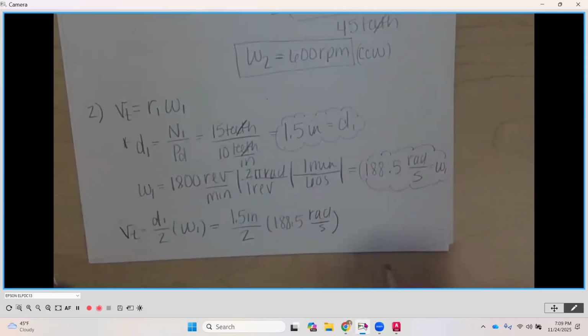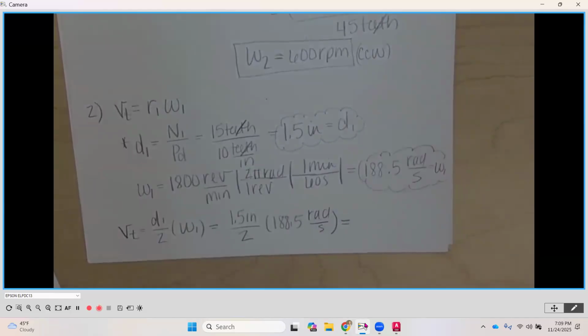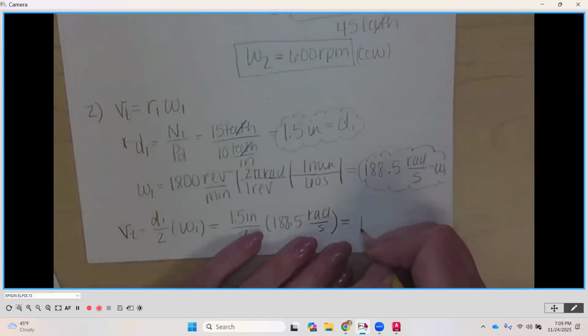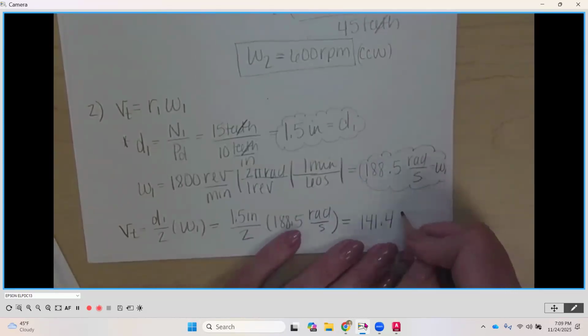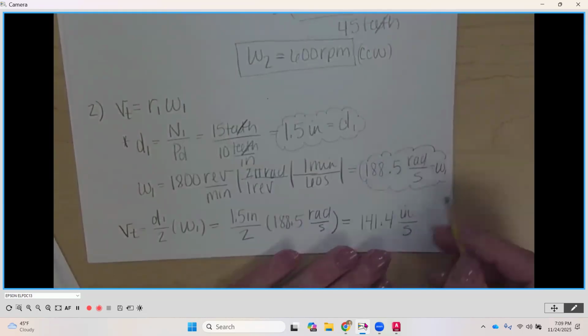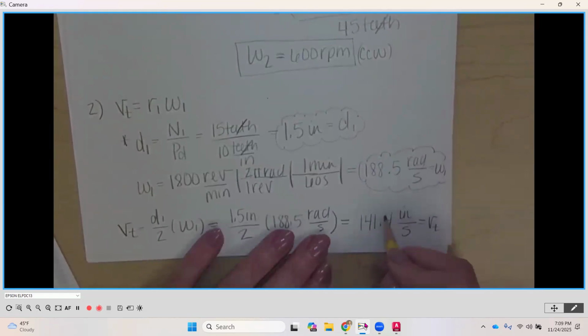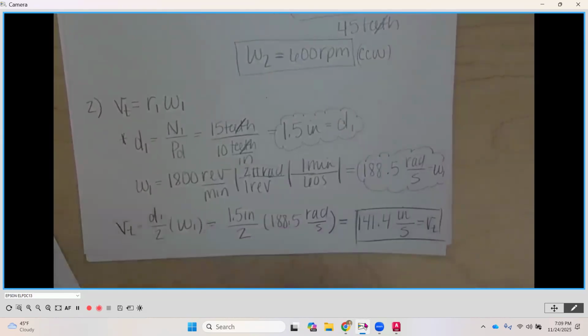My pitch line speed is going to be, you get 141.4 inches per second, right? Is equal to VT. This gets a box around it.